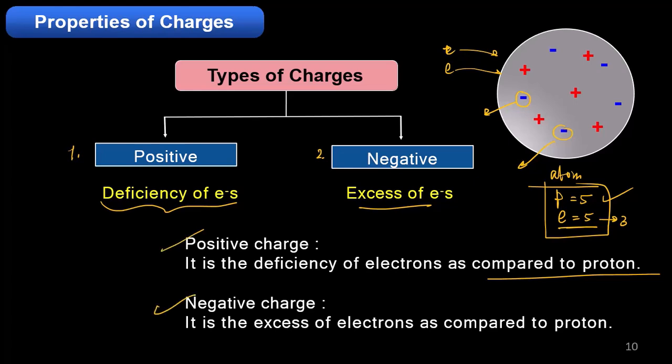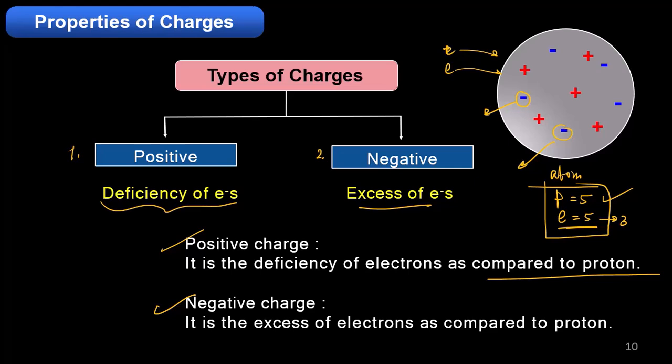In the entire process of charging, I should only consider the addition or subtraction of electrons. Why? Because the positive charges inside the nucleus are bound with a very strong force, so I cannot eliminate the protons from there. In order to remove the protons, that means to remove the positive charge, I must break the nucleus, which is quite a difficult task.